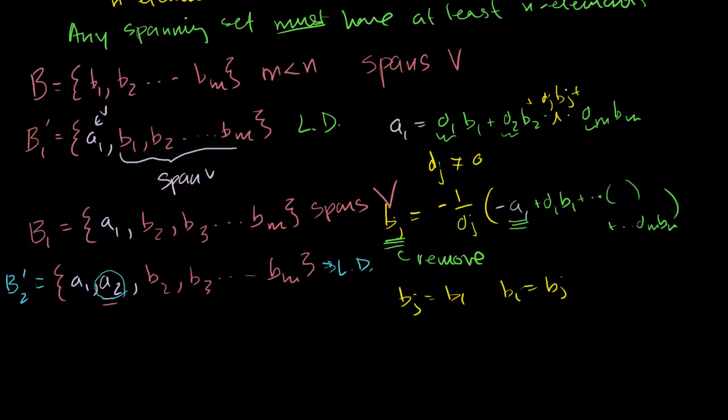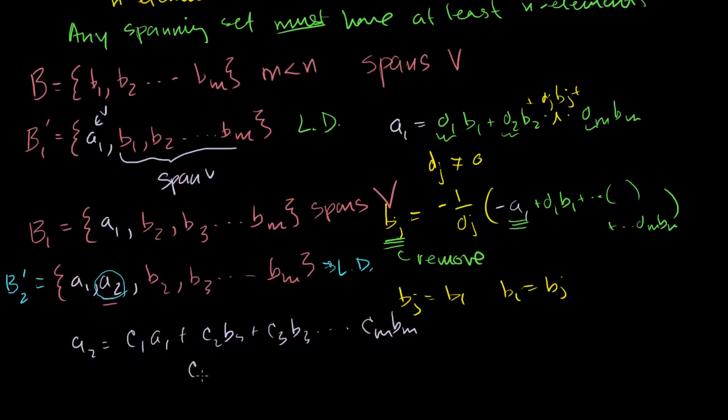And we could say that A2 is equal to some constant C1 times A1 plus, let me write it this way, plus C2 B2 plus C3 B3 all the way to CM BM. Now, what I'm going to claim is that at least one of these coefficients is non-zero.